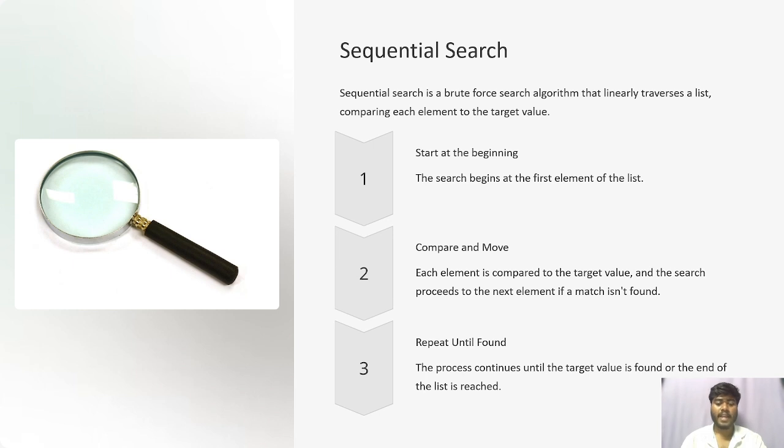Second, compare and move, where each element is compared to the target value. If a match is not found, it moves to the next element. Third, repeat until found. The search goes on in a sequential way until the target value is found or it reaches the end of the list.